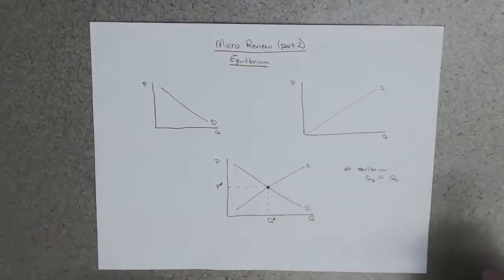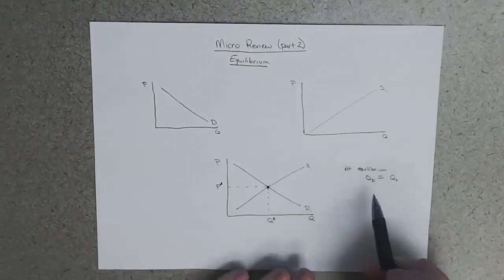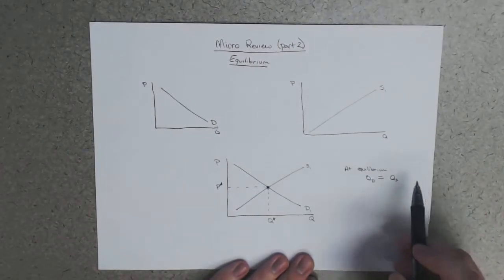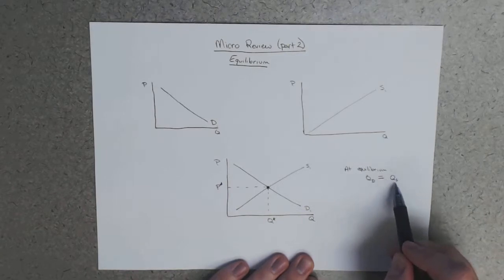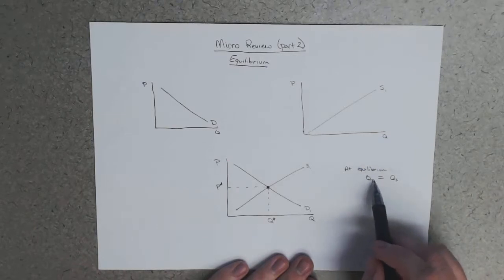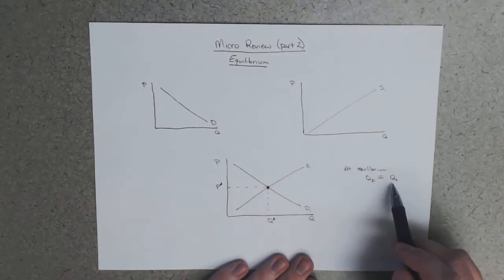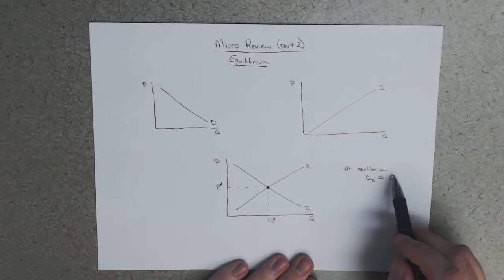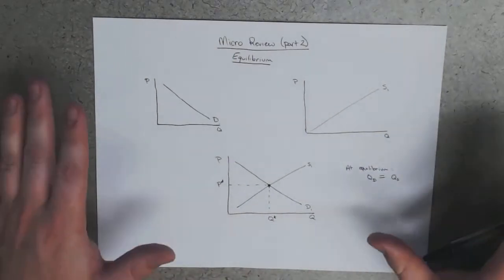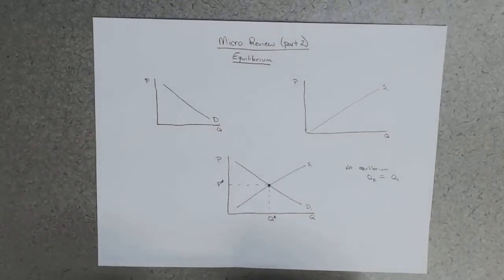Which is great if you think about it, because what it's saying is that all the consumers that want to buy something are finding sellers to buy from. And it's not like anyone who's willing to buy something can't find a seller. And it's not like any sellers who are willing to sell aren't able to find a buyer. Everything is great. Equilibrium's an awesome place.